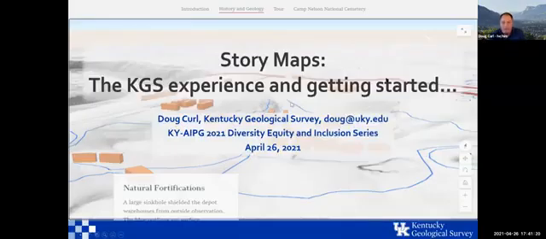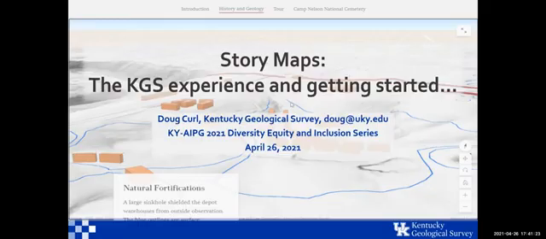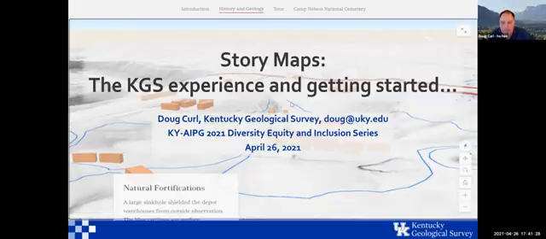That's the slideshow. Mm-hmm. So yeah, I was kind of tasked with talking about story maps and the KGS experience, and then how to get started doing them. And I noticed that this was part of the diversity, equity, and inclusion series, and I really think story maps fit well within that theme, because story maps can be a wonderful way to make our data, our information, very accessible to a wide variety of people.